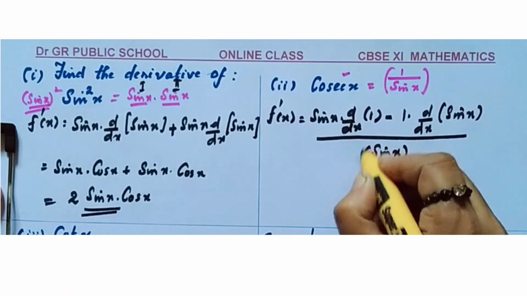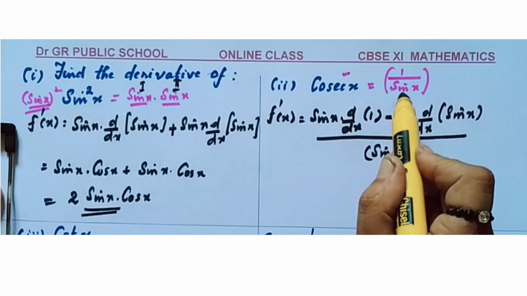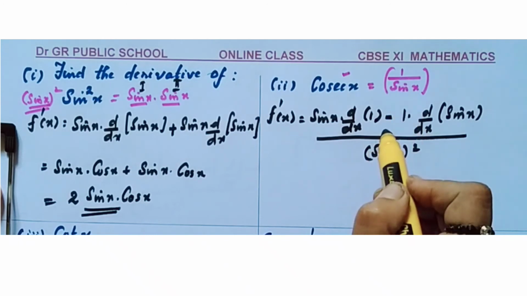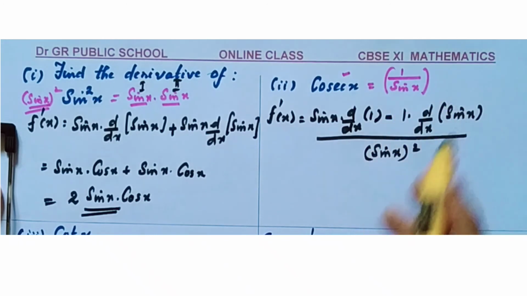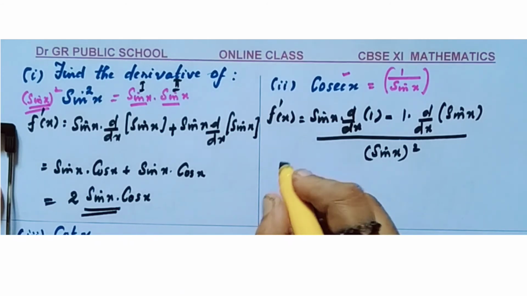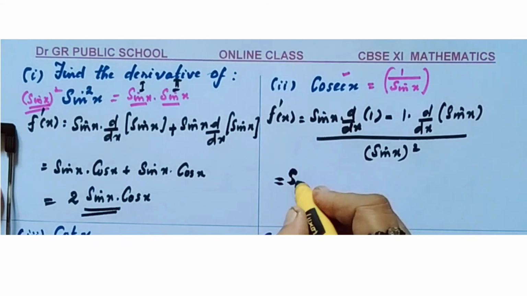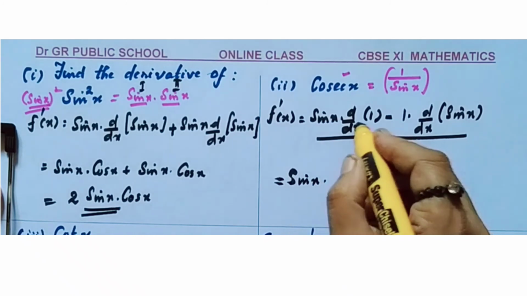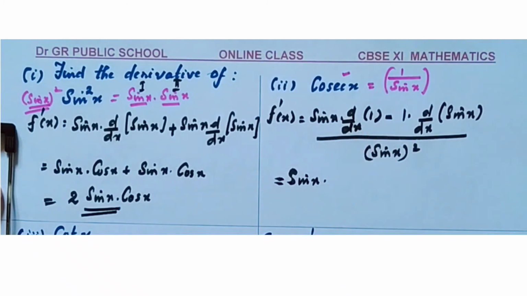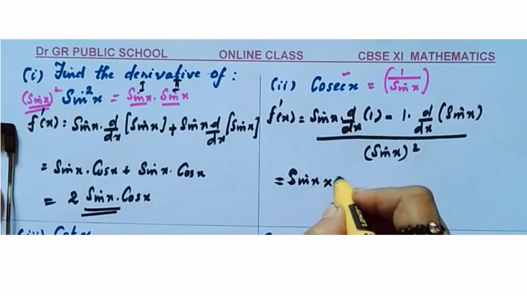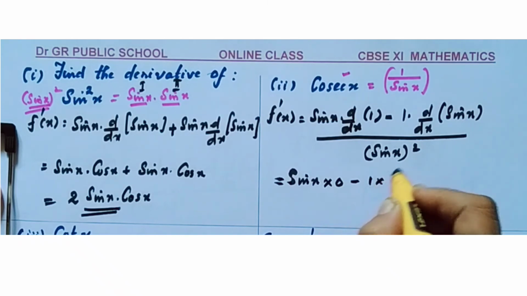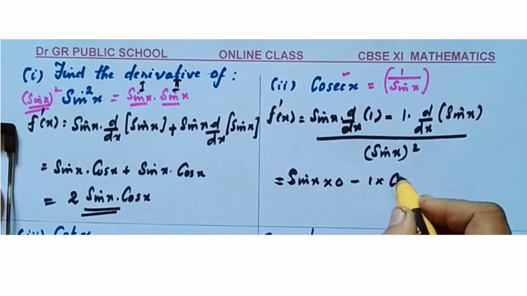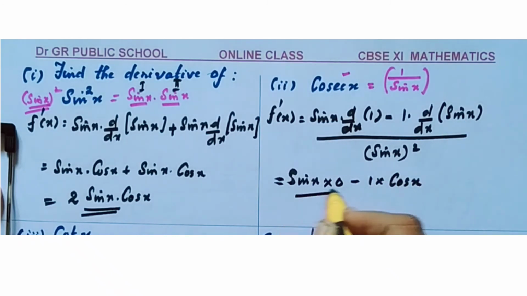The quotient rule: denominator into derivative of numerator minus numerator into derivative of denominator, by denominator square, which is equal to sin x into the derivative of 1, a constant, so its derivative is 0, minus 1 into the derivative of sin x, which is cos x, the whole divided by sin x the whole square.